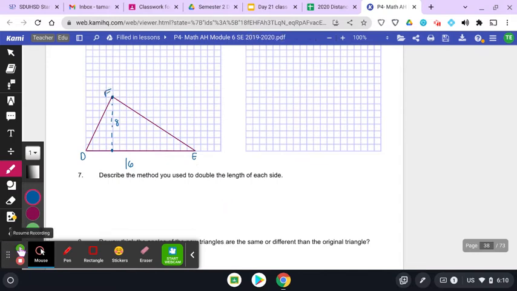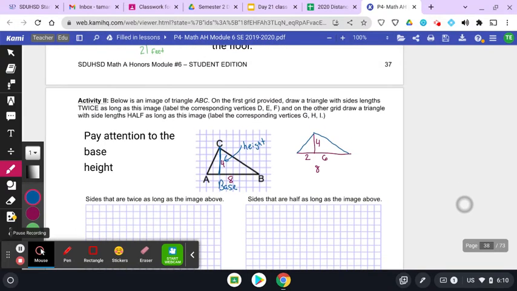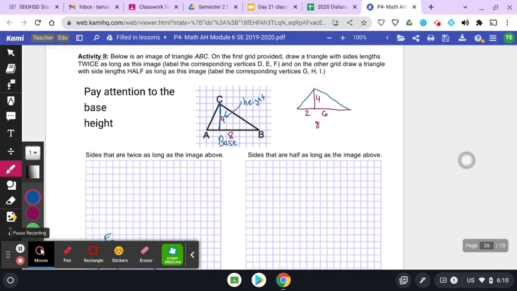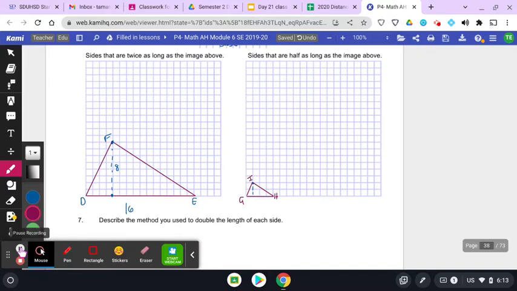Don't start yet. All right, so the next one, you want to make it half as big. So go ahead and try that and then check if you did it right. All right, so here you should have a smaller triangle. It has a base of 4. The altitude cuts it 1 in, leaves 3 left over, and goes up 2.